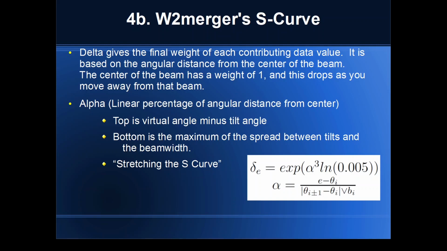For example, if you're sampling at 0.7 degrees and have a 0.5 degree elevation below you and a 2 degree elevation above you, then the spread would be 1.5 degrees. The beam width might be 1. So we are taking a percentage of total beam width or the spread. We also take the maximum of the two, which is basically a fallback in cases where you aren't between two valid tilts.